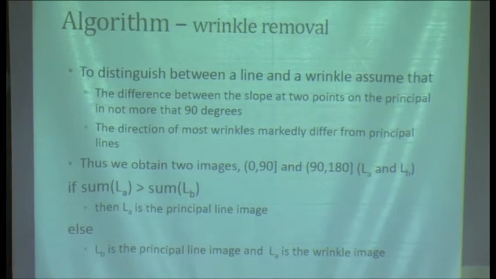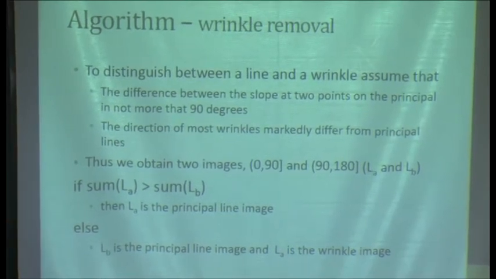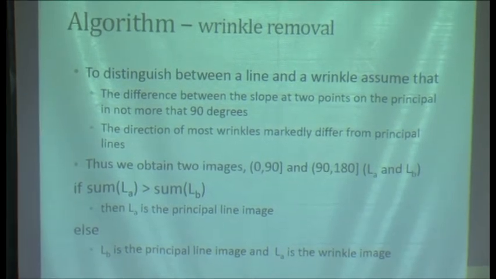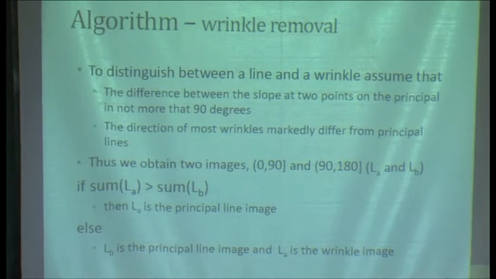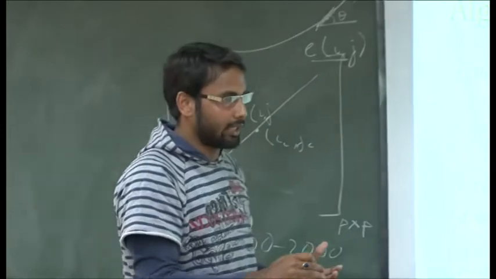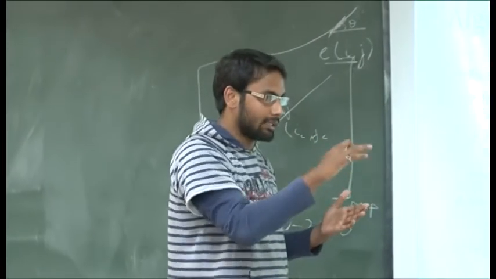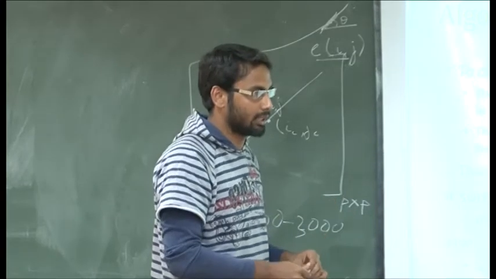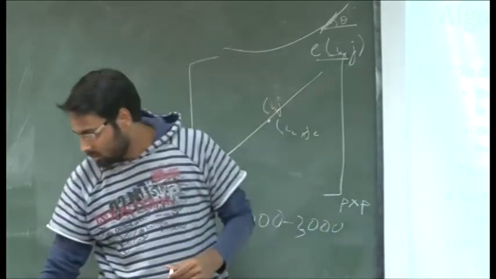Now we compare the sum of energies of the two images, LA and LB. We assume that the energy of the image containing the principal lines would be more than what the wrinkles contain. So using that, we can get the following image.